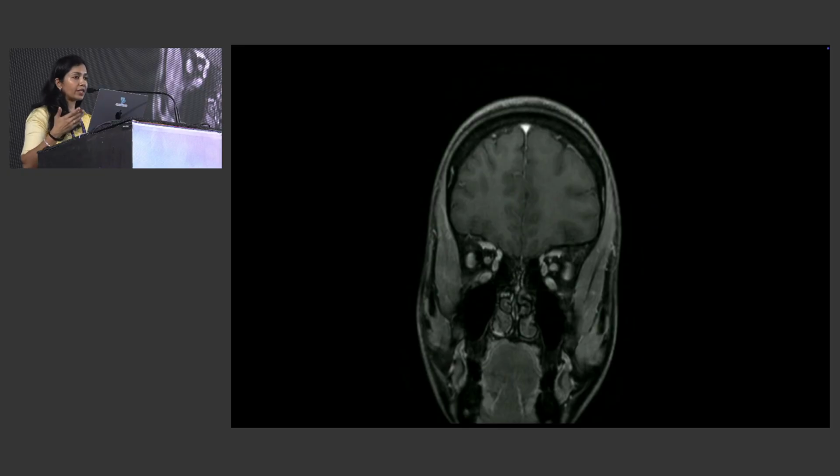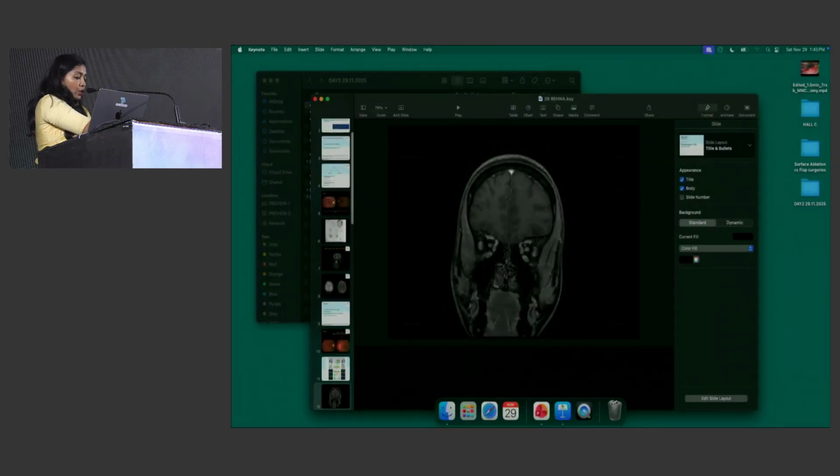So that's a coronal section of the MRI. If you look at the left eye, centrally, that is the optic nerve, which is showing hyperintensity and increased contrast. But I'm going a bit more posteriorly.